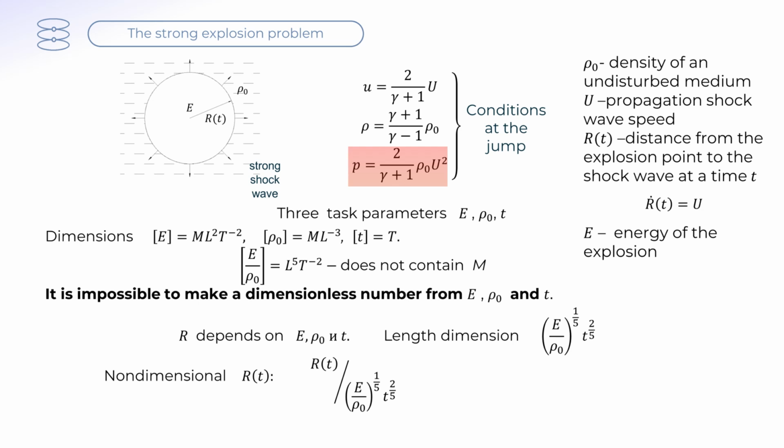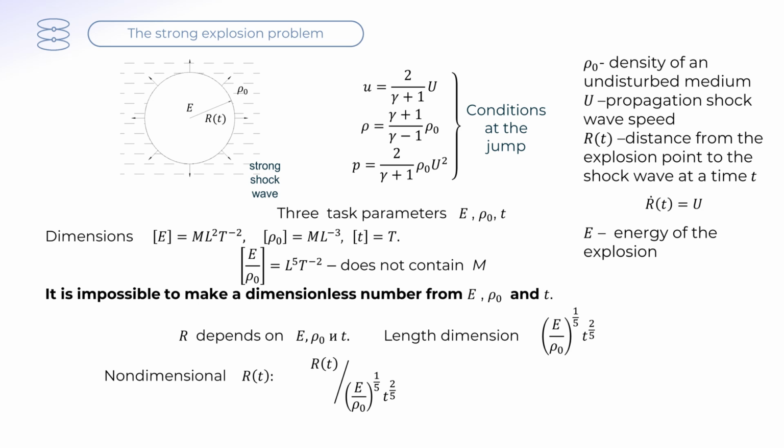This is the pressure after the shock wave. And this is the speed of propagation of the shock wave. For this problem, we have three task parameters: energy, density of undisturbed media, and time.